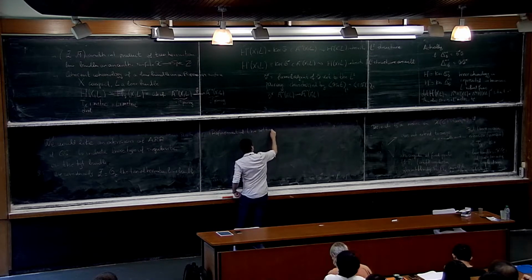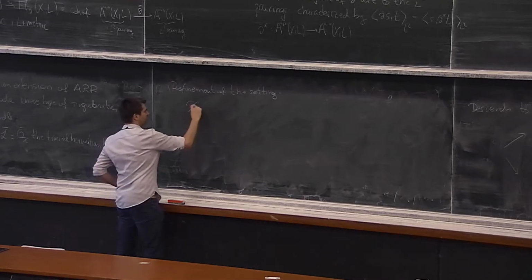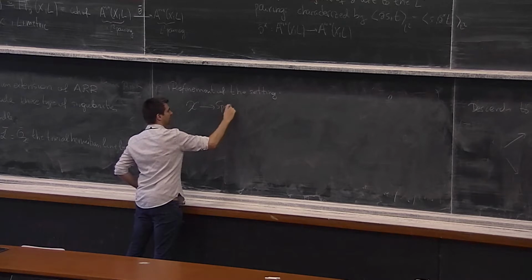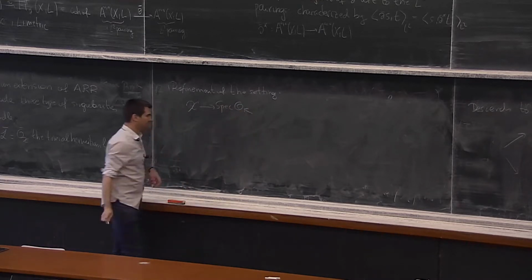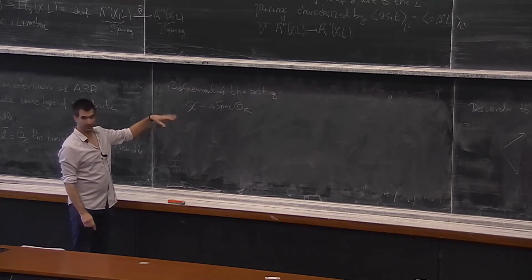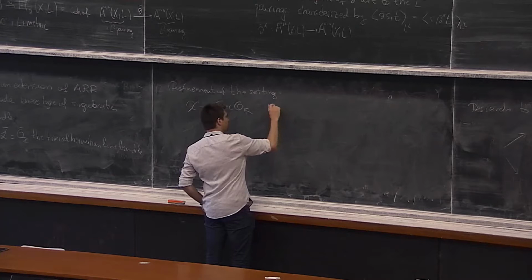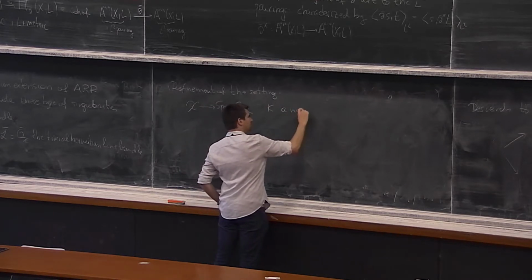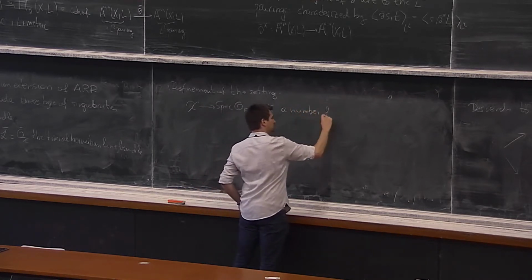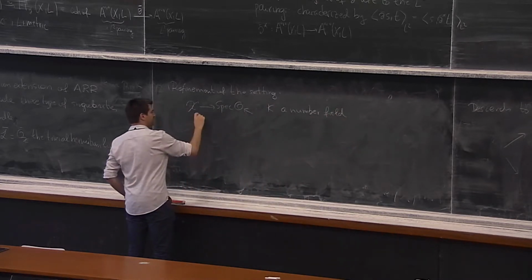OK, so let me refine a little bit the setting. I will now be a bit more precise about the arithmetic surface. I will suppose that I have an arithmetic surface that is defined over the ring of integers of a number field. So by this I mean that K is a number field, and so this is an arithmetic surface.